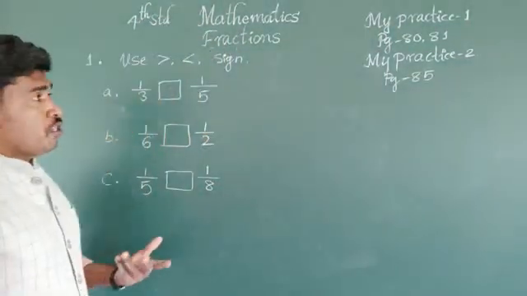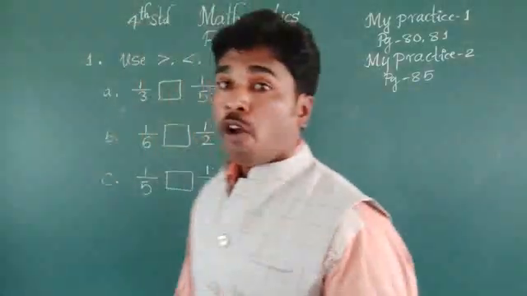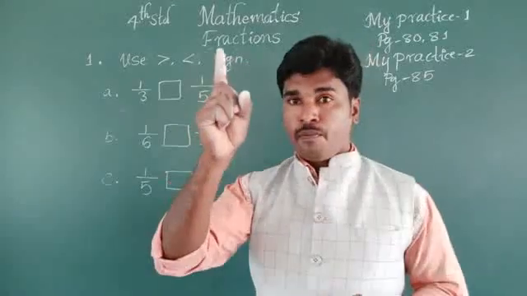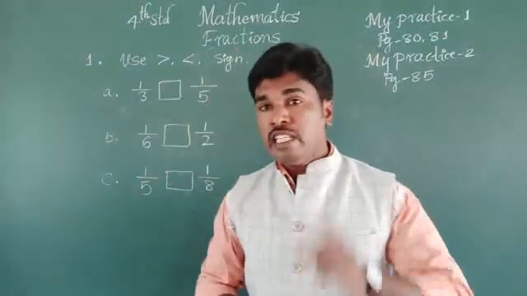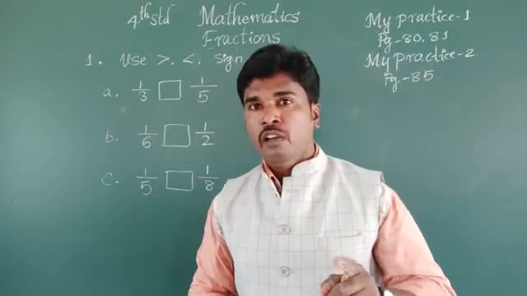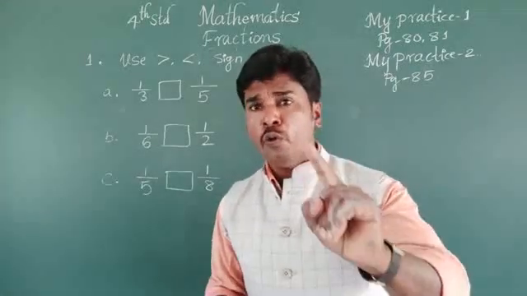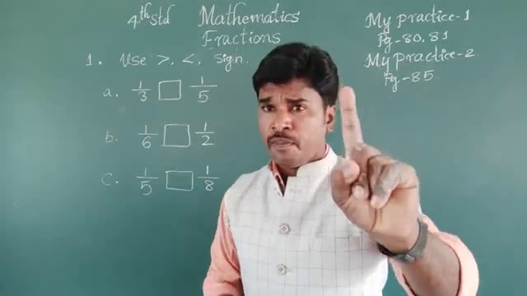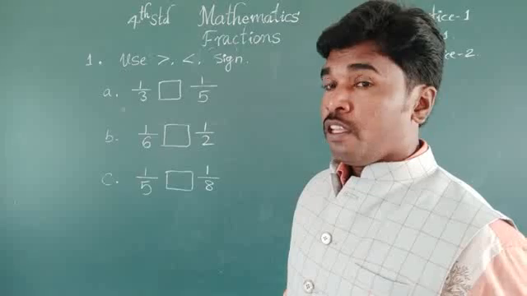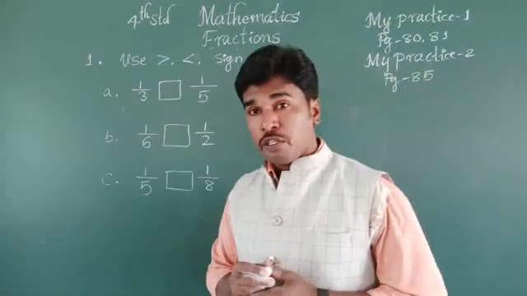In these 3 questions I could explain. These are all unit fractions because unit means 1. If the numerator is equal to 1, those fractions we call unit fractions. Wherever the word unit is used, it is understood to be 1. So numerator is 1, those are called unit fractions.